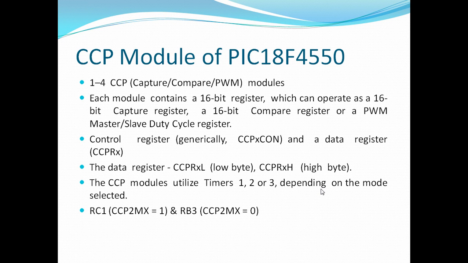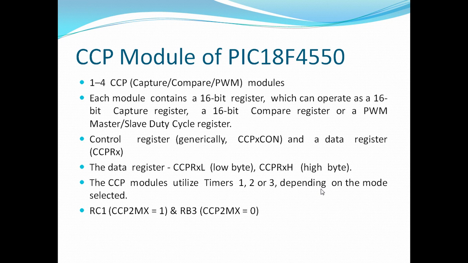Timer 1 and timer 3 can be programmed as 16-bit registers for storing the values which are captured in capture mode, as well as the values generated in compare mode, which will be stored in these 16-bit registers. These are 2-byte registers which can be programmed as 8-bit or 16-bit registers.